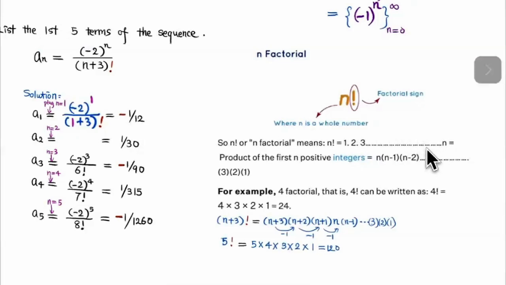That's n factorial, the product of the first n positive integers. Or you can do it the other way and go down: you start with n and then multiply by n minus 1, times n minus 2, all the way down to 1. Then it's n factorial.